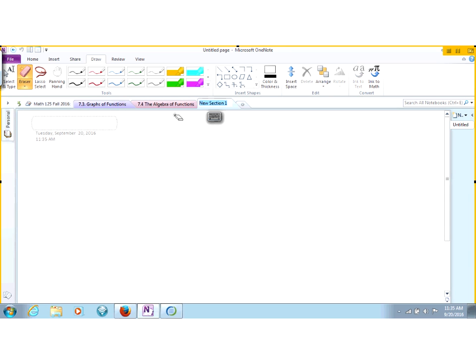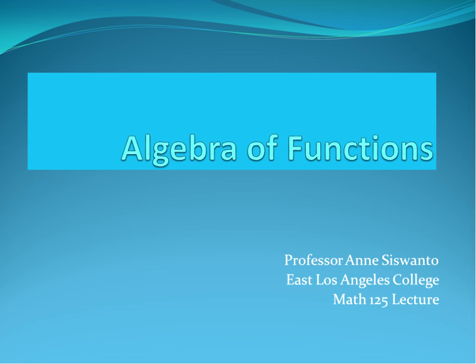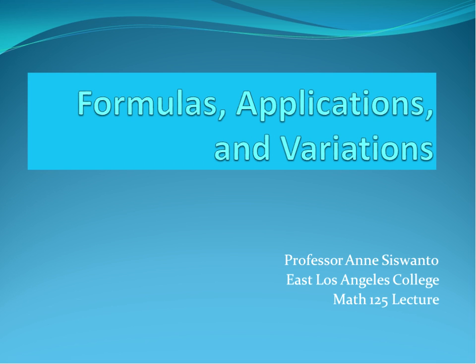Okay, now the next one. 7.5. So we're done with 7.4. 7.5, Formulas. What is the section again? I forgot. So I have to stop this and then let's do the next one. Formulas, applications, and variations.